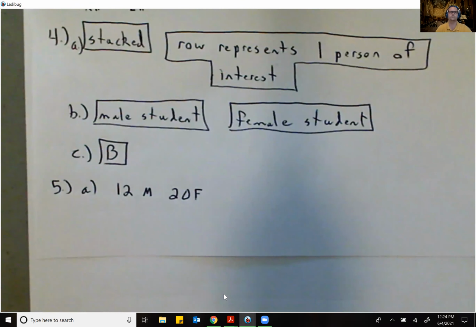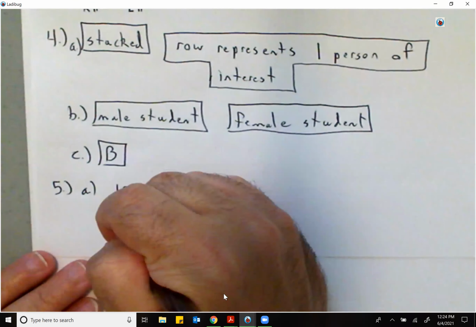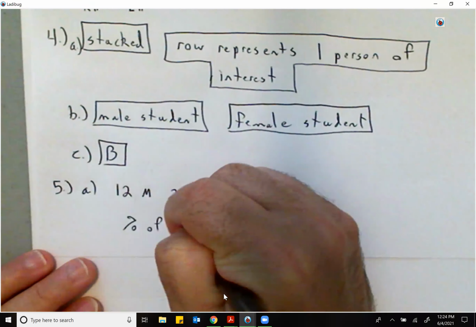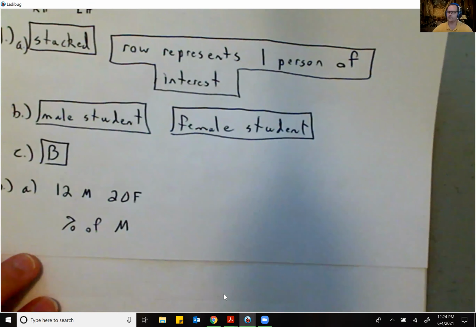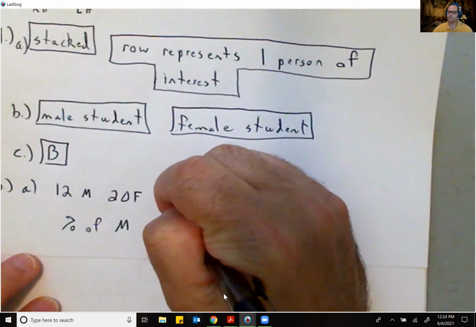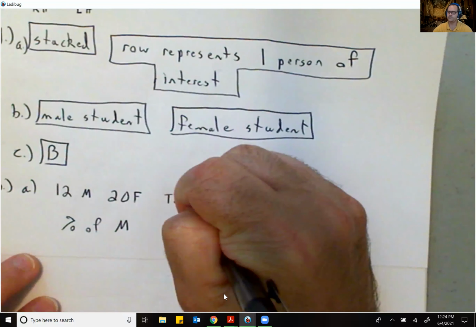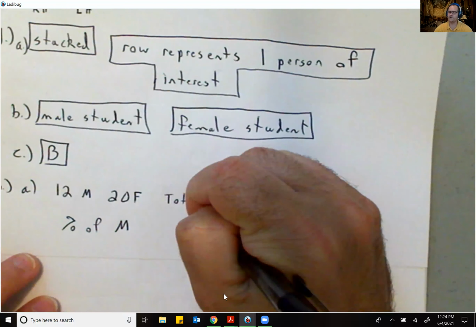How do we figure that out? First, we would add the males and females so we know the total. What is the total? 32. Perfect. Because we add the males and the females.